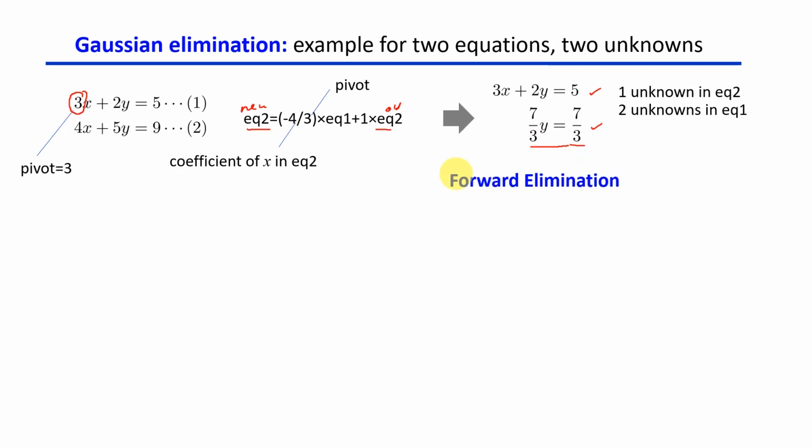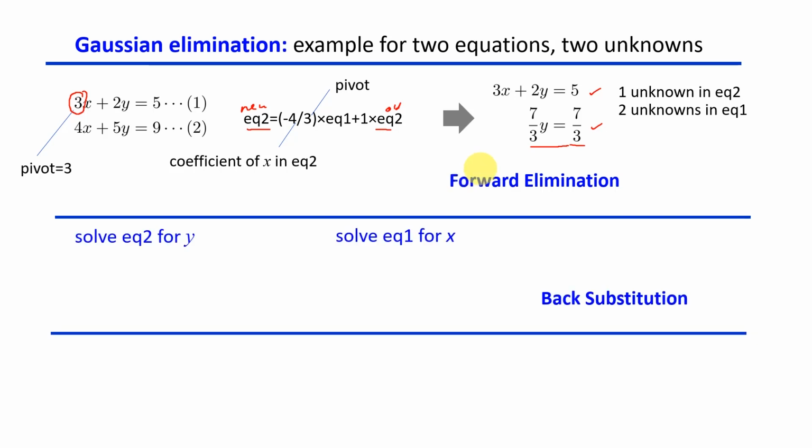This is the first step of Gaussian elimination. Now the second step, we will call back substitution. And in back substitution, we will do precisely two things. One is the solution of equation 2 for y, which is very simple because equation 2 only has y. There is no x there. And then once we know y, we will solve equation 1 for x.